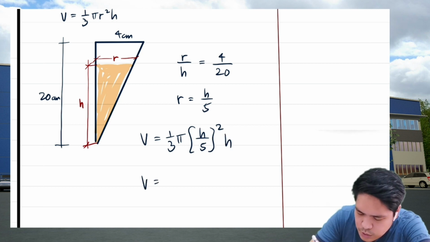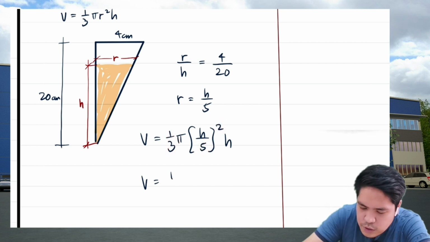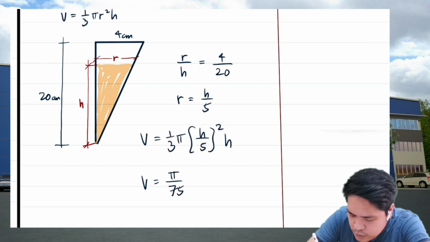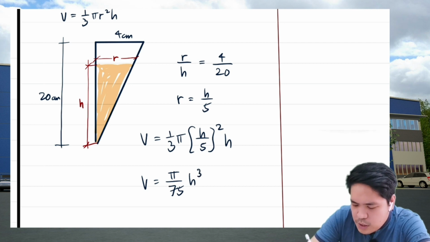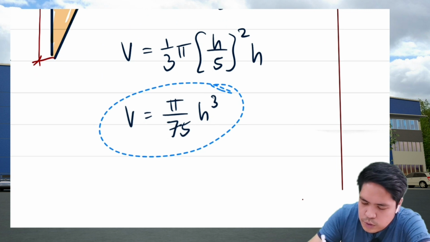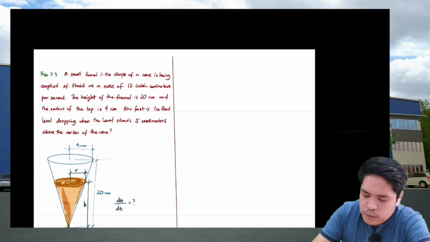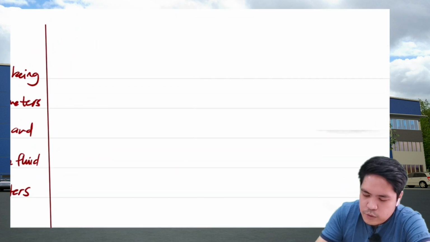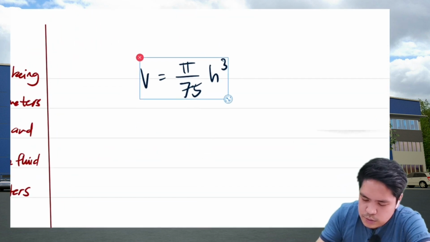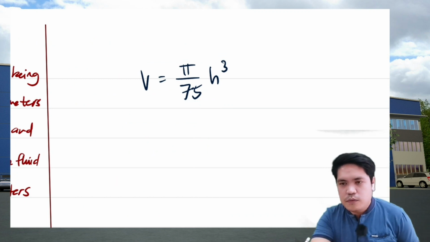So we'll have volume is equal to, 5 squared is 25 times 3, that's 75, so pi over 75, h squared times h is h cubed. So we now have the formula of the volume of the fluid inside the container. Our volume now is equal to pi over 75 times h cubed.